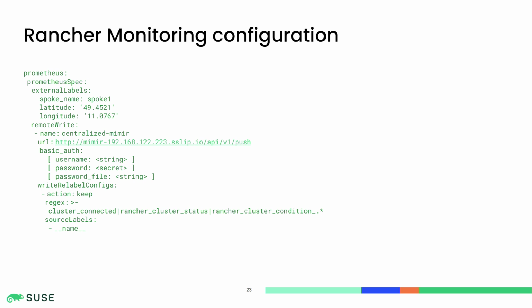Additionally, we specify the remote write tag, so we give the name of the Mimir instance that we're using, and we also provide the URL that Mimir exposes for remote writing. Lastly, we use the write regex label configs so that we can provide a regular expression to simplify the data that Prometheus is sending to Mimir. This is to prevent Mimir from being overloaded with data that we're not going to end up using for the metrics.